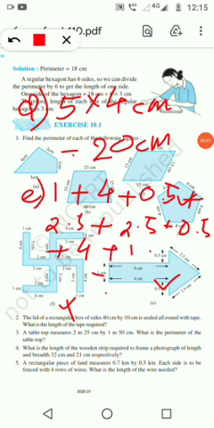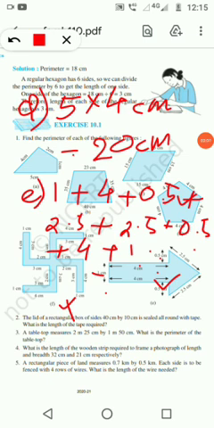So how much is it? 1 plus 4 is 5, 5.5, 5.5 plus 2.5 is 8, 8 plus 3, 2.5 and 0.5 is 3. 8 plus 3 is 11, 11 plus 4 is 15. So this is 15 centimeter.